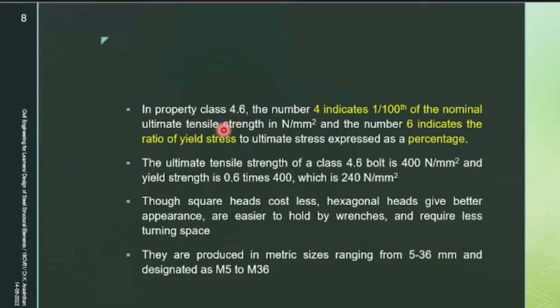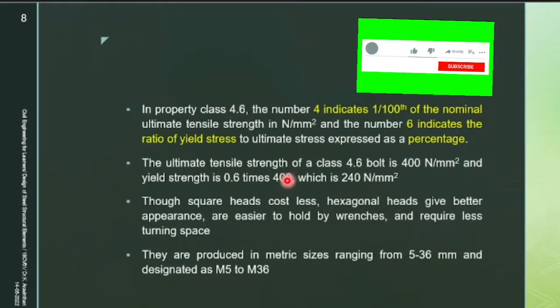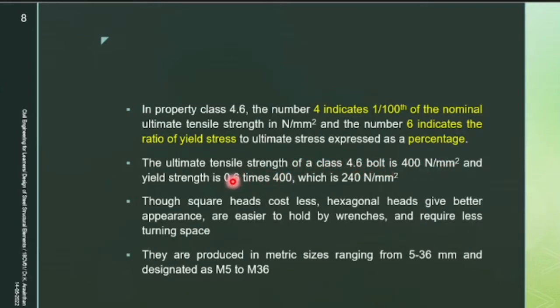So you have 400 Newton per mm square of strength, and 0.6 means 400 into 0.6, which will be 240 Newton per mm square. So the ultimate tensile stress of a 4.6 bolt is 400 Newton per mm square, and the yield strength is 240 Newton per mm square.